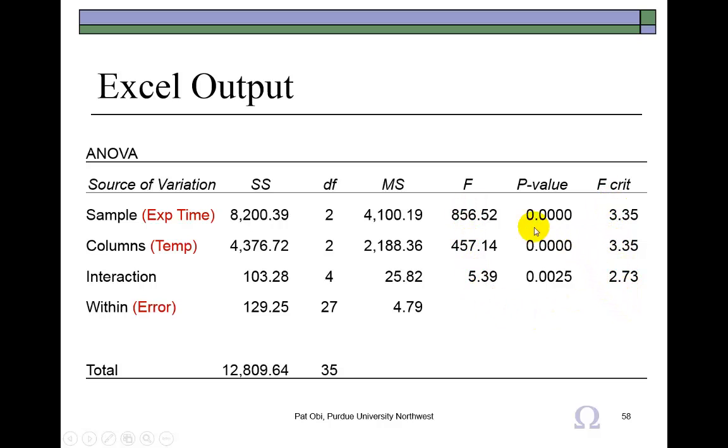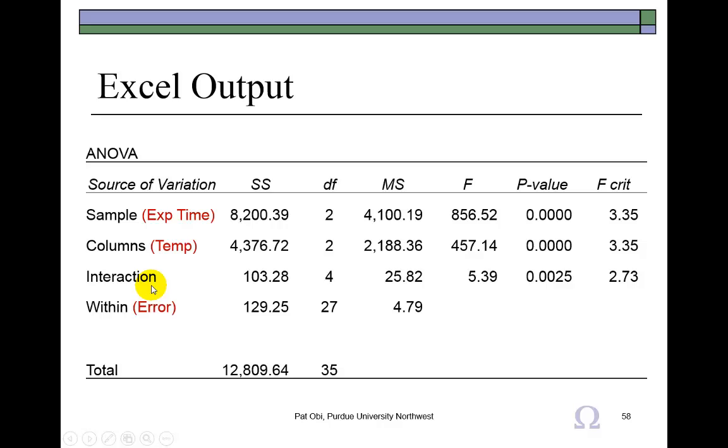So you could either compare the calculated F value to the critical value, do that for each of these three outcomes, or you simply look at the p-values and compare the p-values to the level of significance that you choose. Now, as you can see from these results, you would be rejecting the null hypothesis for the two main effects of exposure time and temperature, as well as interaction.